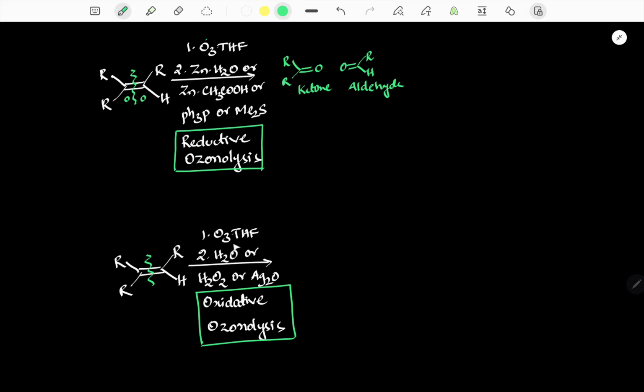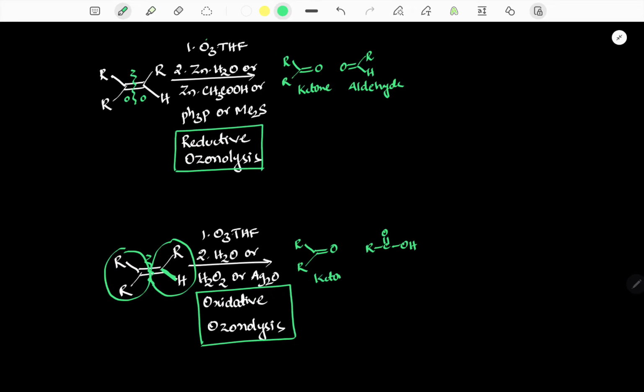When alkene is treated with ozone, H2O, H2O2 or Ag2O, this reaction is known as oxidative ozonolysis. In oxidative ozonolysis, we have to break the double bond and write the corresponding product. This will be converted into the corresponding ketone, and because of the CH bond, it gives the corresponding carboxylic acid.